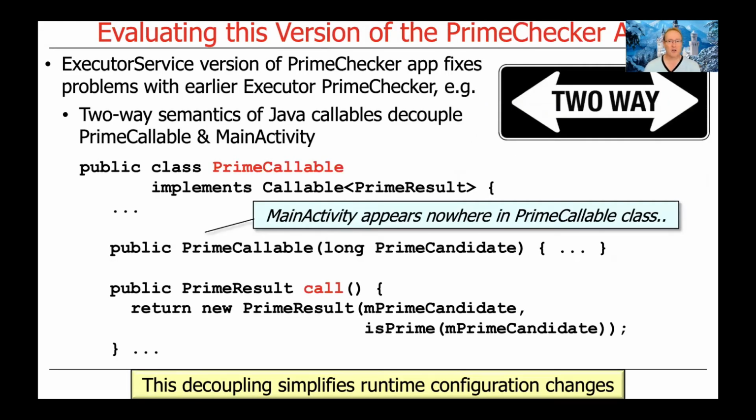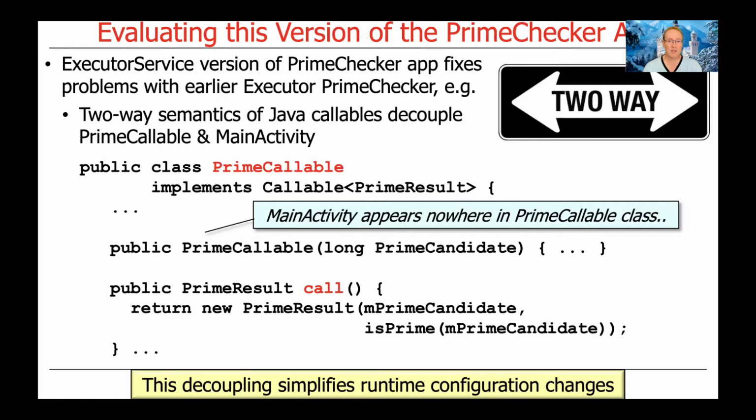In particular, the earlier version used one-way calls, so that required us to have an extra dependency within our PrimeRunnable objects on the main activity, which made some of the Android aspects a bit more complicated, convoluted and inefficient. So you couldn't do screen rotation of the phone to change its runtime orientation without having to shut things down or restart them.